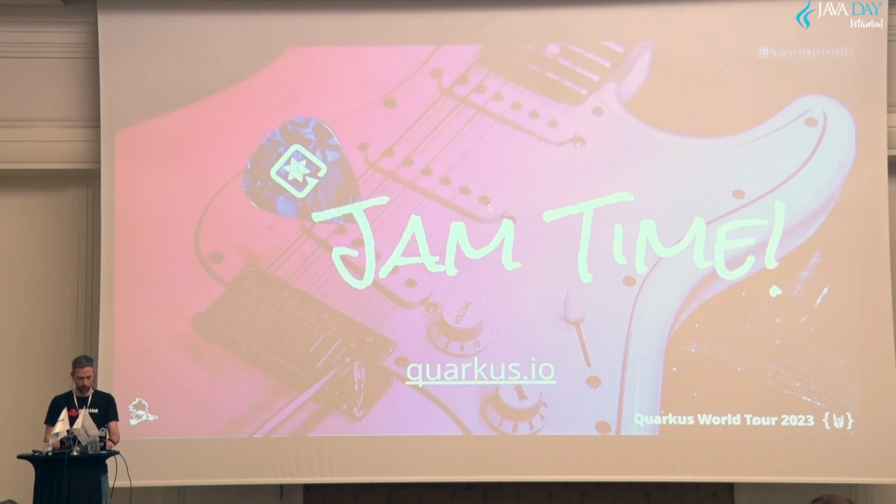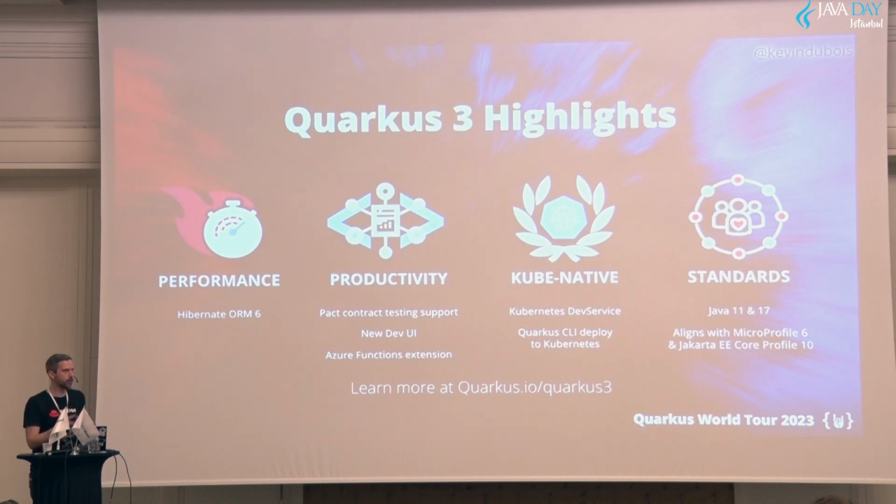So I think we are wrapping up here with a few minutes to go. Just a couple of highlights. Quarkus 3 was released just a few days ago, which has, for example, updates in terms of moving to Jakarta EE 10, so instead of the javax namespace, it moves to the Jakarta namespace.